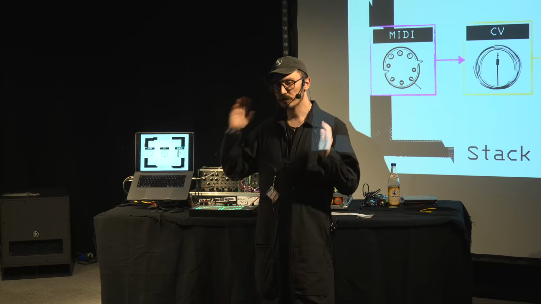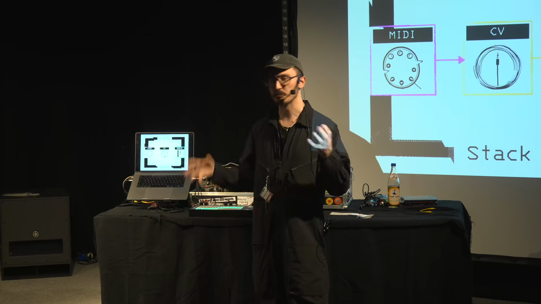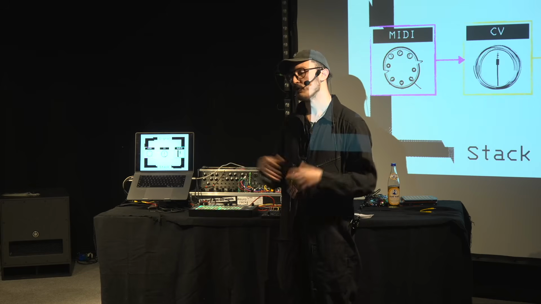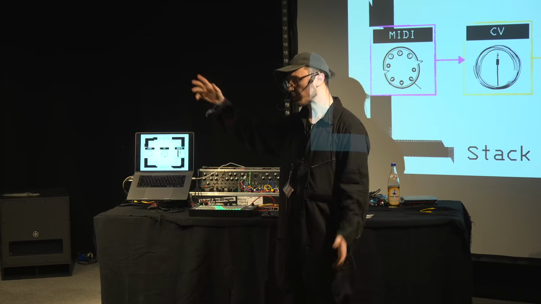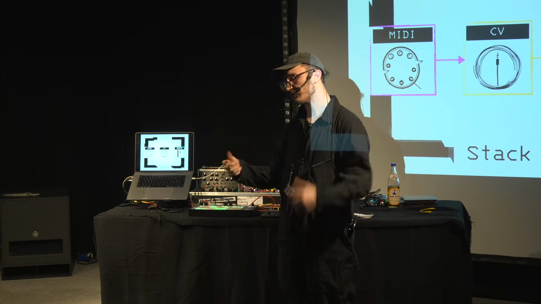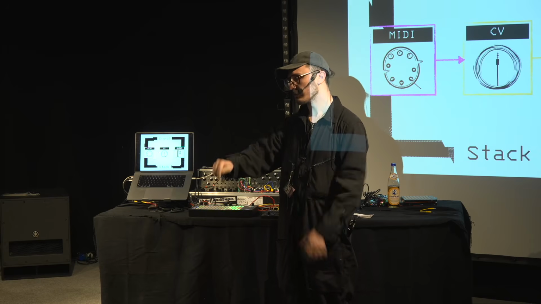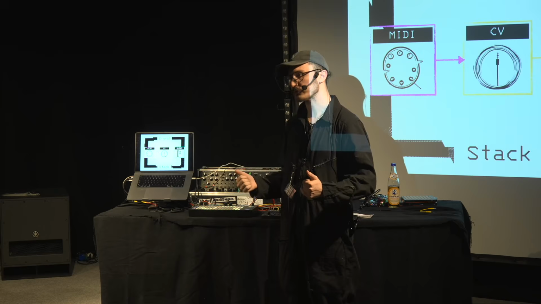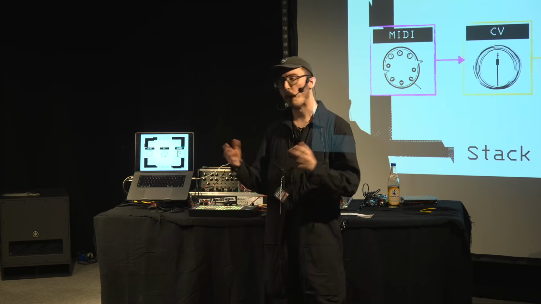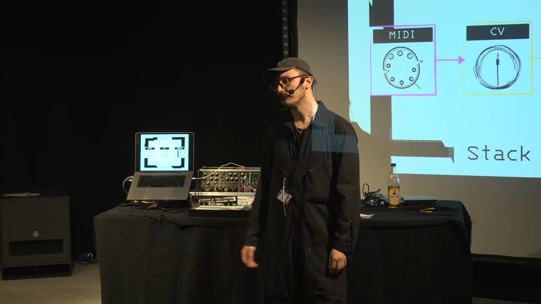Other types of control voltages are gates and triggers. A trigger is some sort of Dirac impulse, and a gate is something I open for a certain time and close it again. You, for example, hold down the key on a piano, and while you're doing that, the note is hearable, and as soon as you release the button, then it stops again.